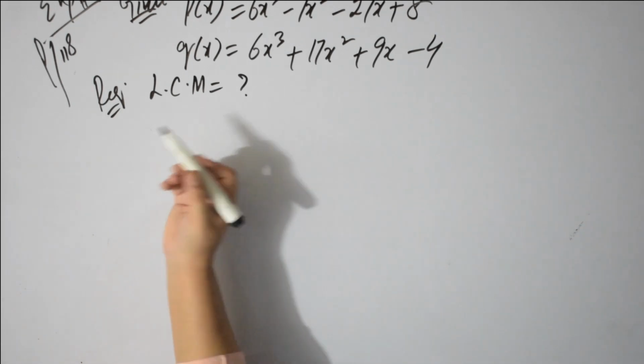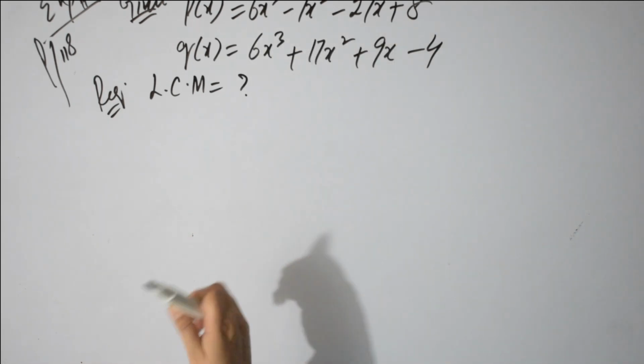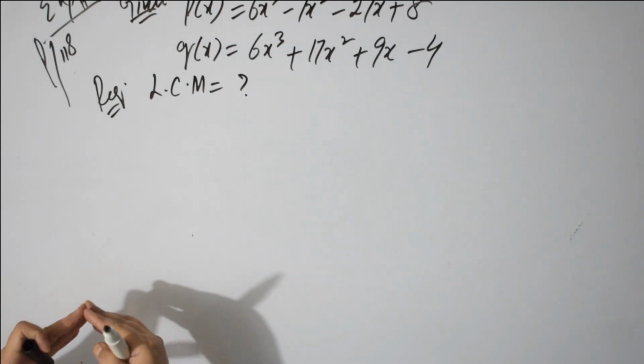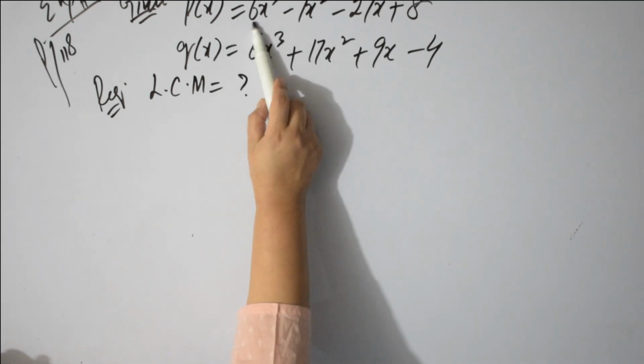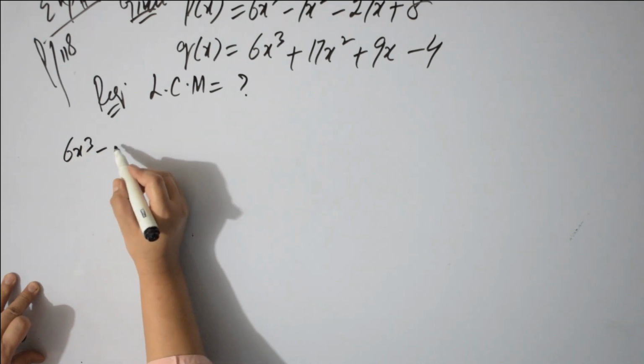Now for finding HCF, the first polynomial can be either of the two polynomials. One of these two polynomials is the divisor and the other is the dividend. So I am taking this as a divisor, 6x cube minus.